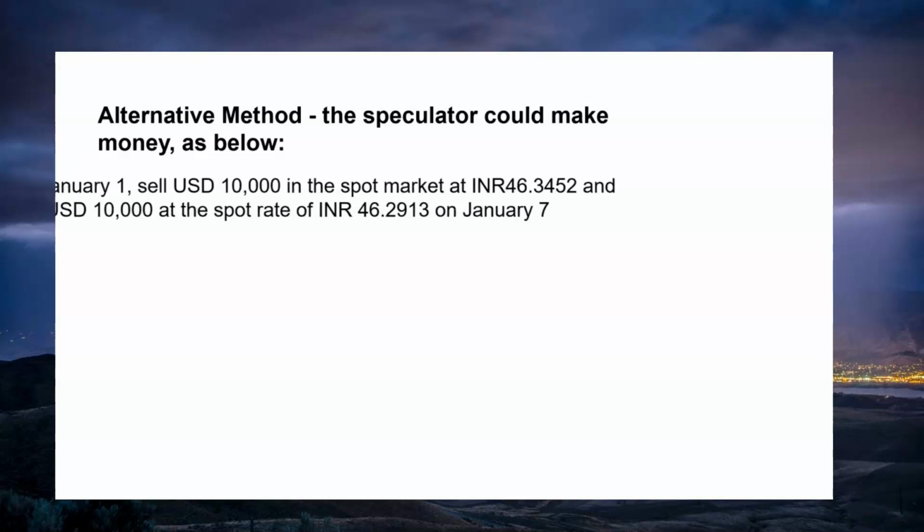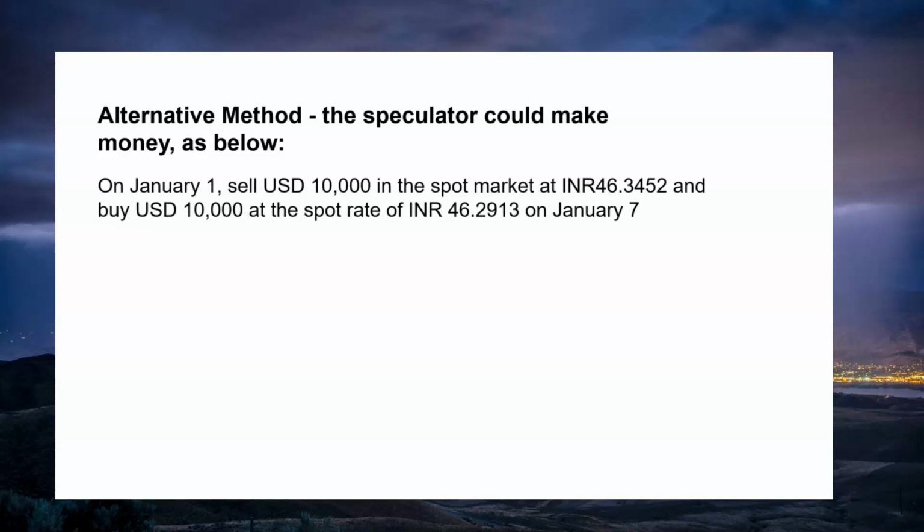The alternative using which the speculator could have made money would be as below. On January 1st, sell $10,000 US in the spot market at rupees 46.3452 and buy US dollars 10,000 at the spot rate of rupees 46.2913 on January 7.